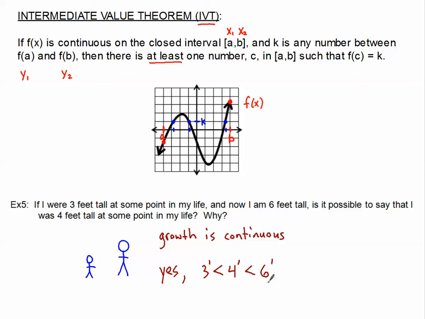So because of IVT, or the intermediate value theorem, 4 is in between 3 and 6, these two y values. So therefore, there must be some x value sometime in my life where I was exactly 4 feet tall, because growth is continuous.